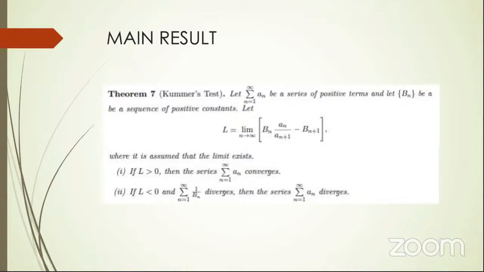And if the limit is less than 0, and the summation of 1 over b sub n as n goes from 1 to infinity diverges, then the series diverges. Also, if L is equal to 0, the test would be inconclusive and may either diverge or converge.